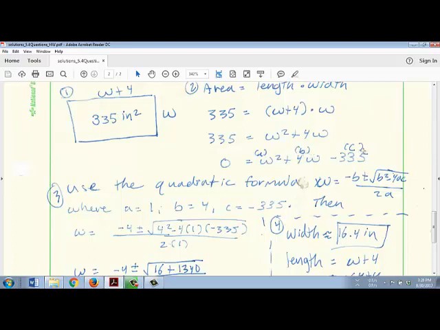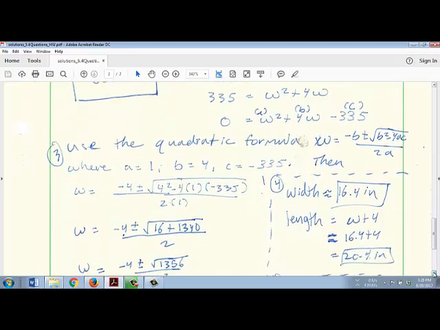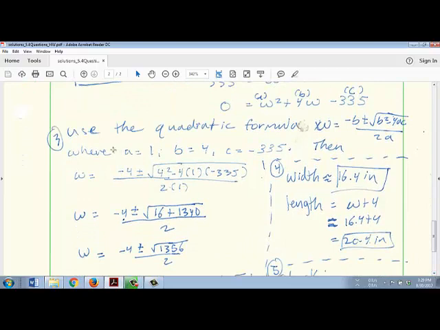And our non-variable term is our C. So, plugging these into the quadratic formula, A equals 1, B equals 4, C equals negative 335, we get W, which is our variable this time, equals negative B plus or minus the square root of B squared minus 4 times A times C divided by 2 times A.